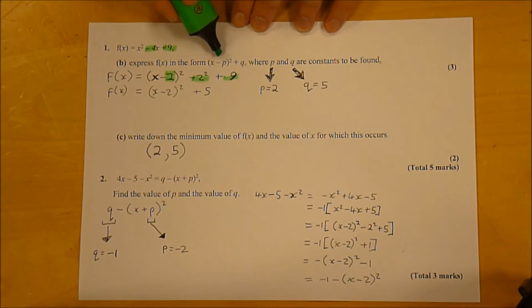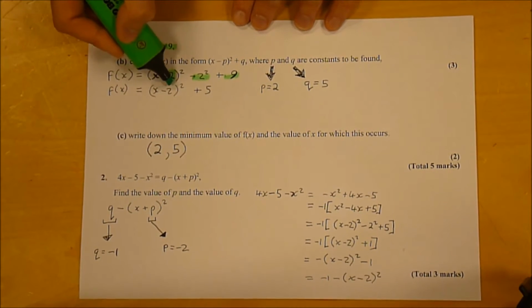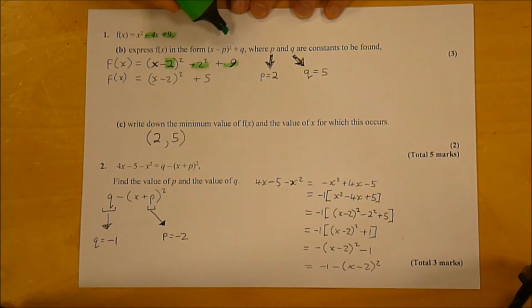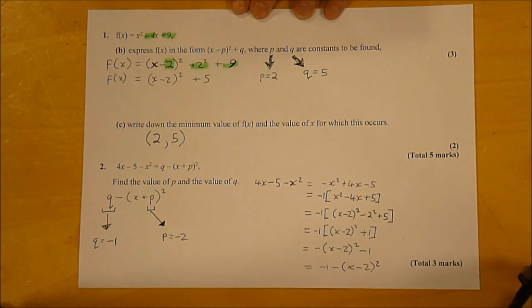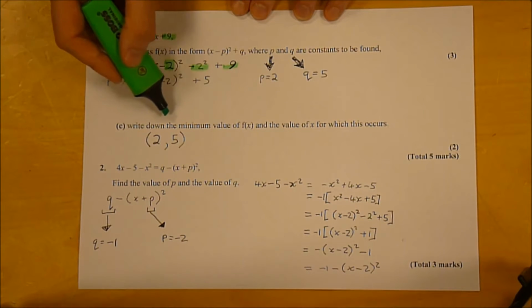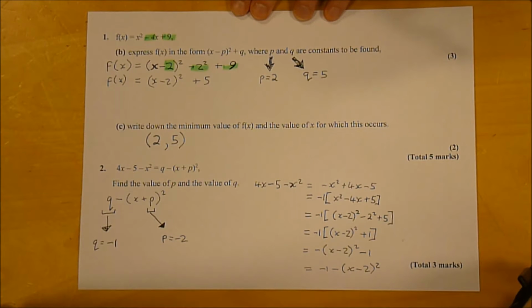And the question asked in the form (x - p)² + q at the end. So p in this case is obviously 2, because it's -2, minus p, and q is 5 because it's plus q, plus 5. Then part C says write down the minimum value of this function and the value of x for which it occurs.